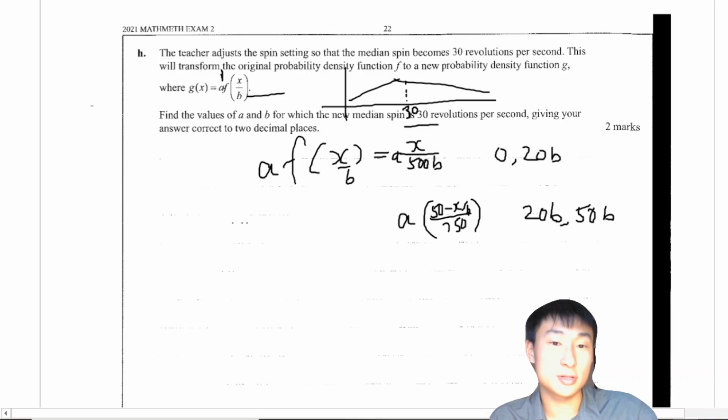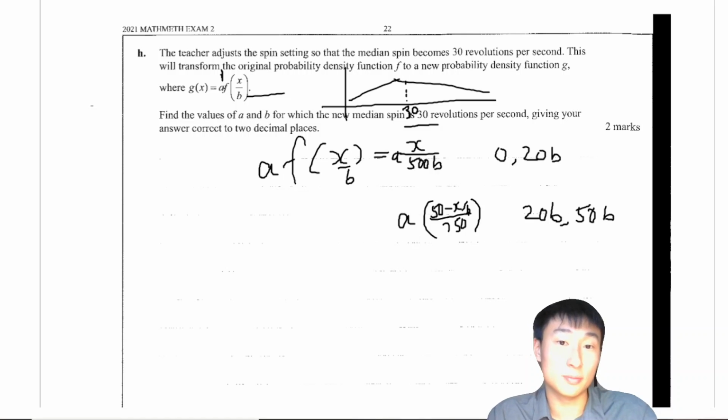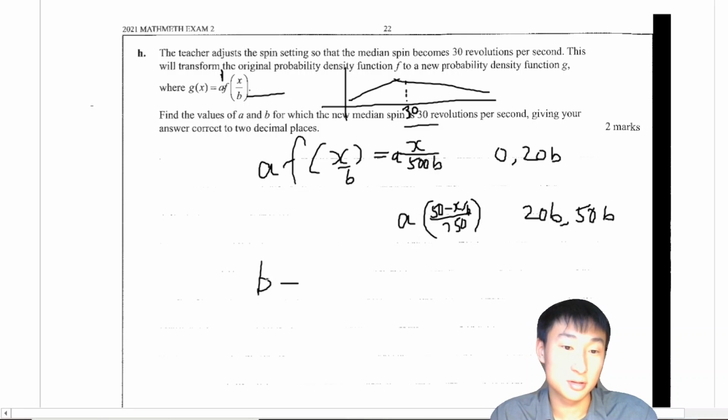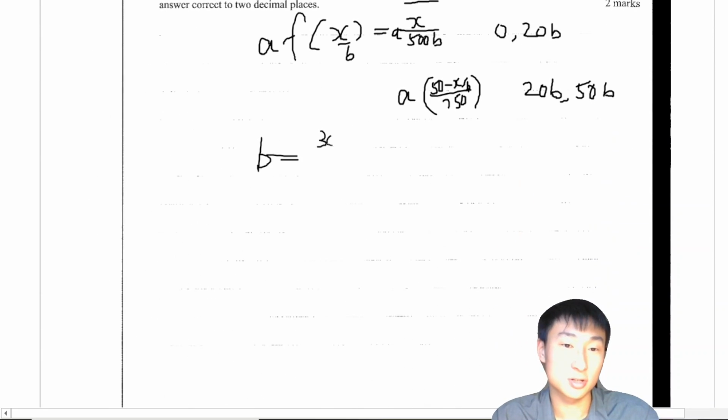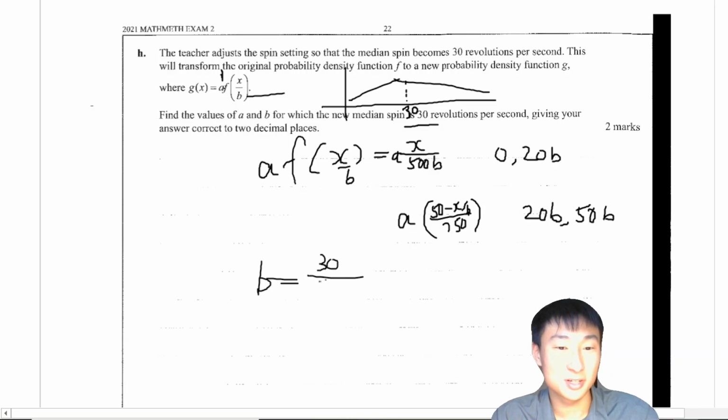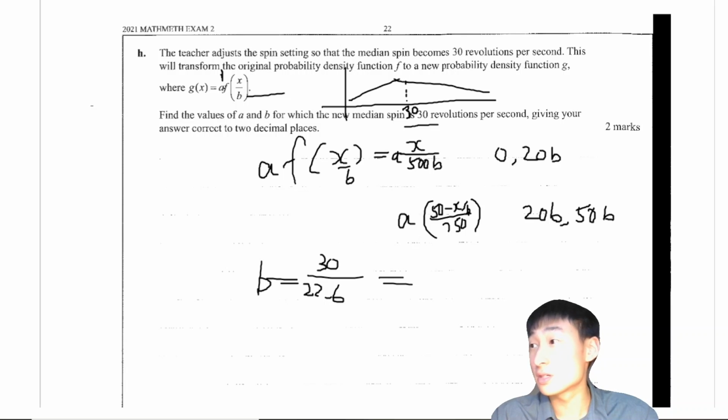Could we potentially use the fact that b is actually just 30 over the previous median, 22.6? Is that a possibility? Let's see what that is.